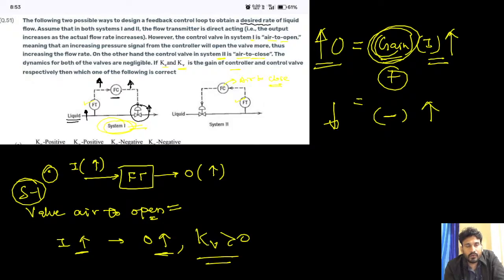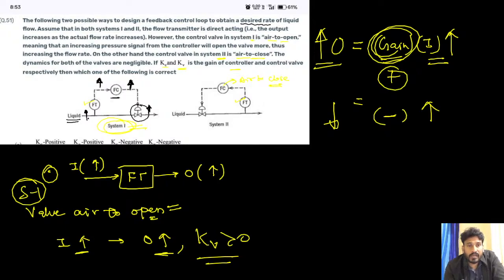So the flow controller will give the signal to the control valve to open the valve. FC also sends the increase signal. That increase signal going into the valve, because the valve is air to open, this valve is going to open more, yes or no?